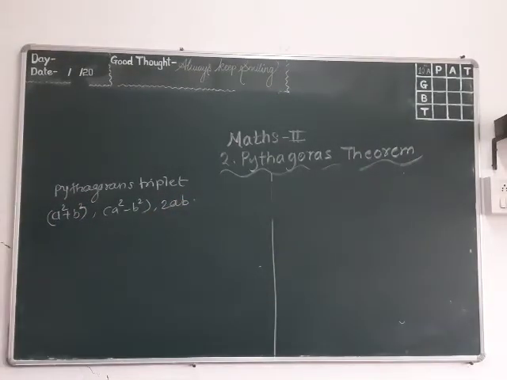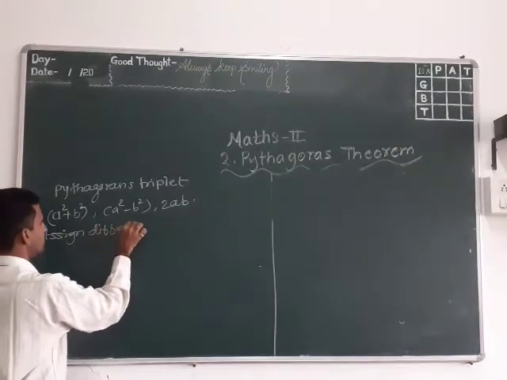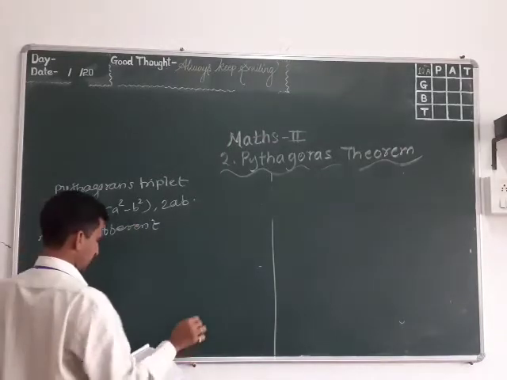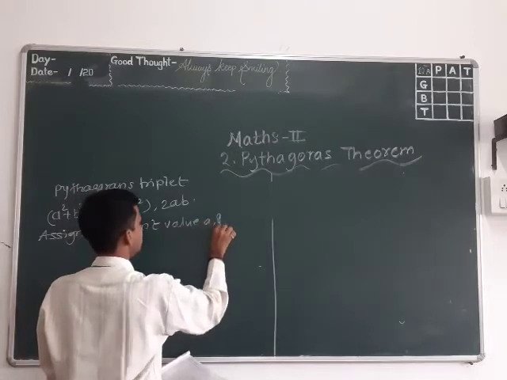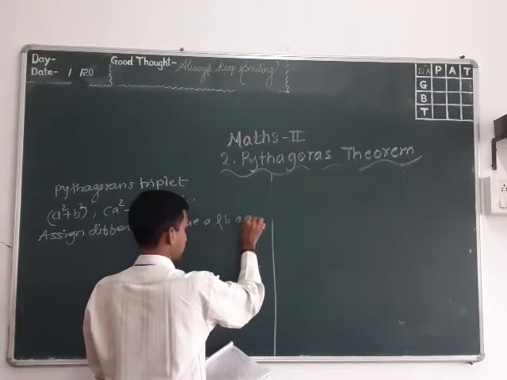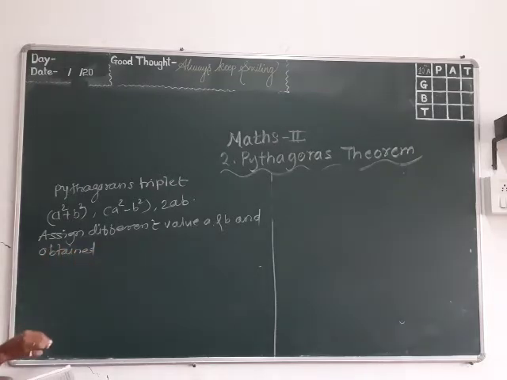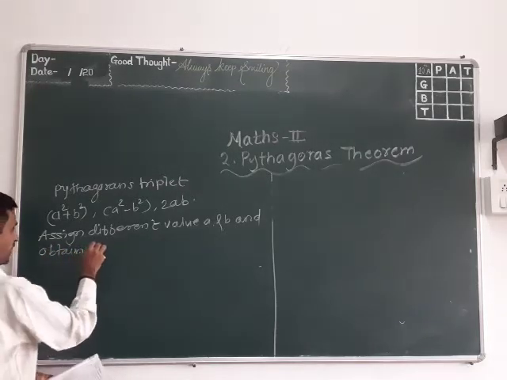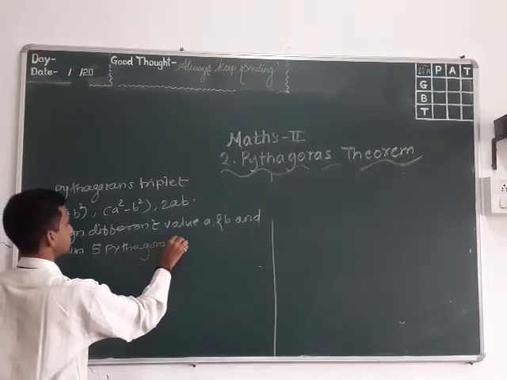Assign different values of a and b, and obtain five Pythagorean triplets.